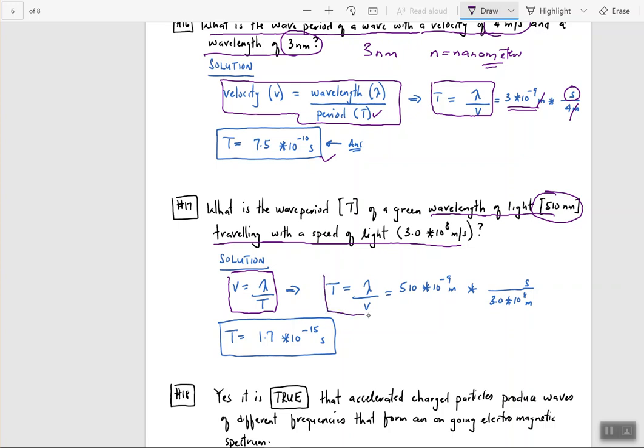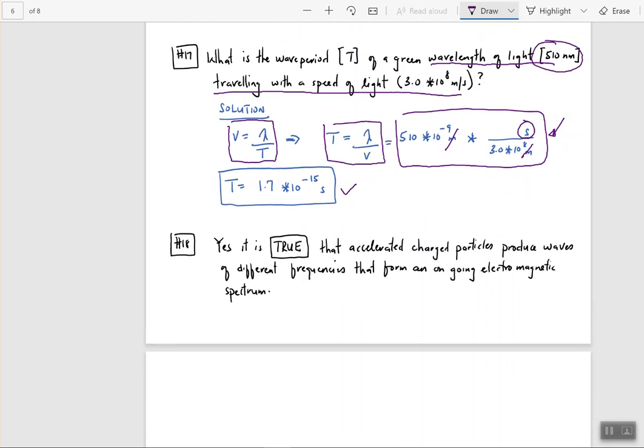We can manipulate the equation, and this is what we have as an outline here, and then we can cancel out the meters, and we're left with seconds. So any time you're doing any kind of calculation, try to spell out your units, because when you do that, whatever you're solving for, those units should be left behind as an indicator that you're on the right track.